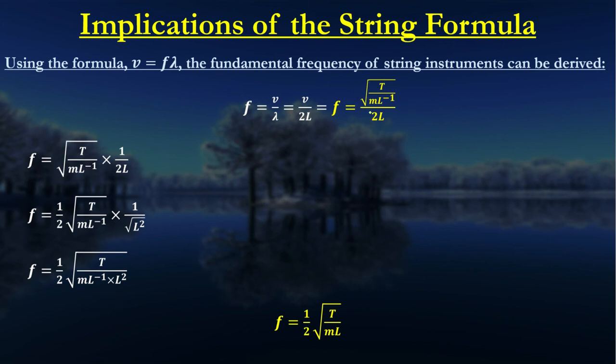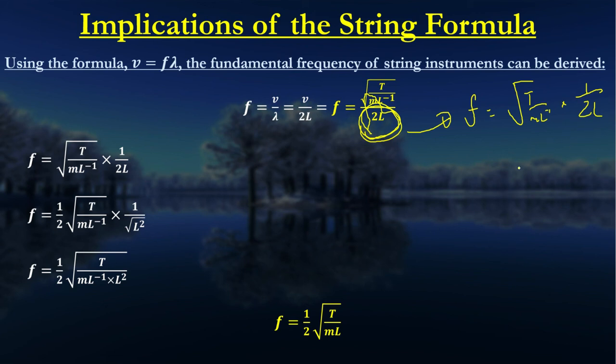I might just quickly do it on the side as well, just so you see what we're doing. To start off, I'm going to move 2L outside this box here. I'm going to move it out and make it frequency equals square root of tension force over m, times 1 over 2L. The reason I want to do this is I want to incorporate the 2L into this equation.